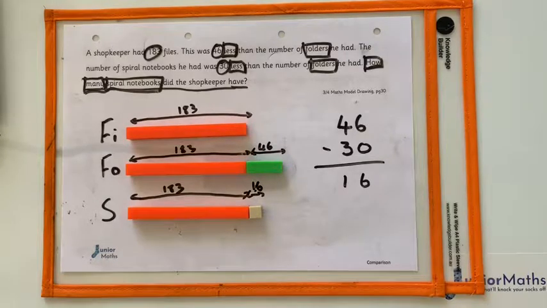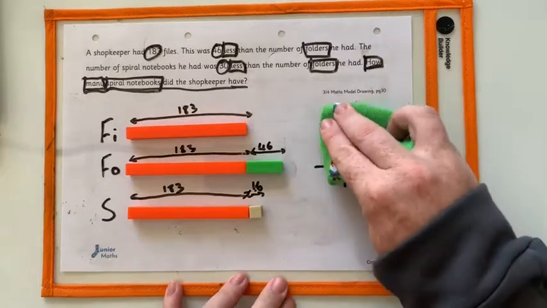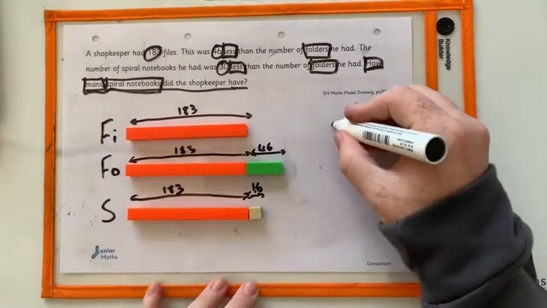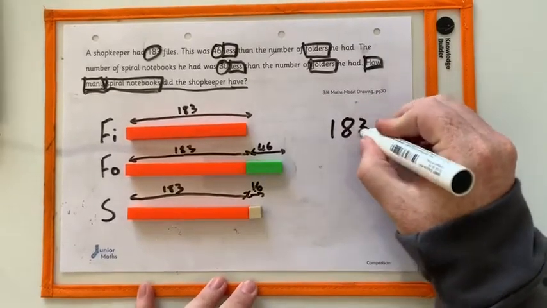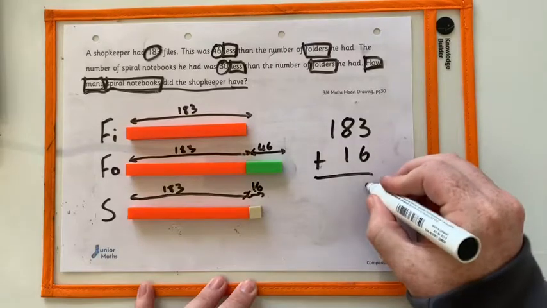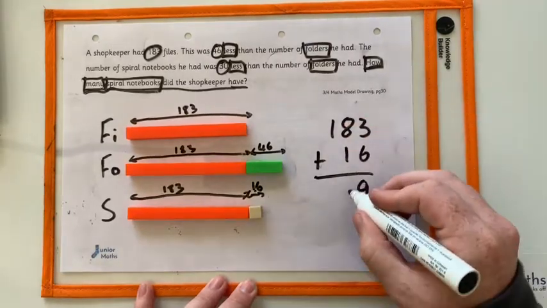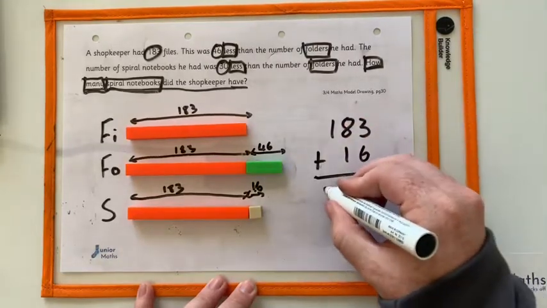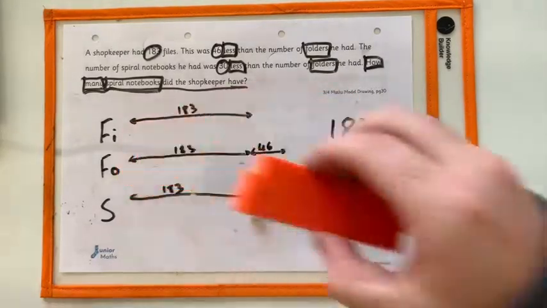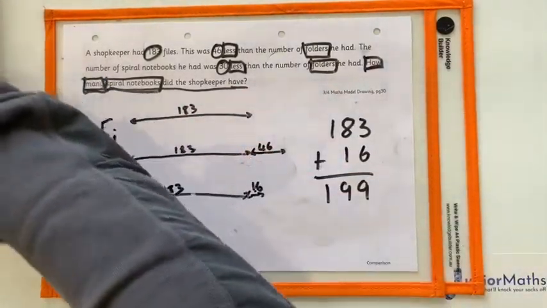Okay, if I just rub that out, we'll find out 183 plus 16, 9 tens. So there are 199 spiral notebooks. Take those away and have a look at the next one.